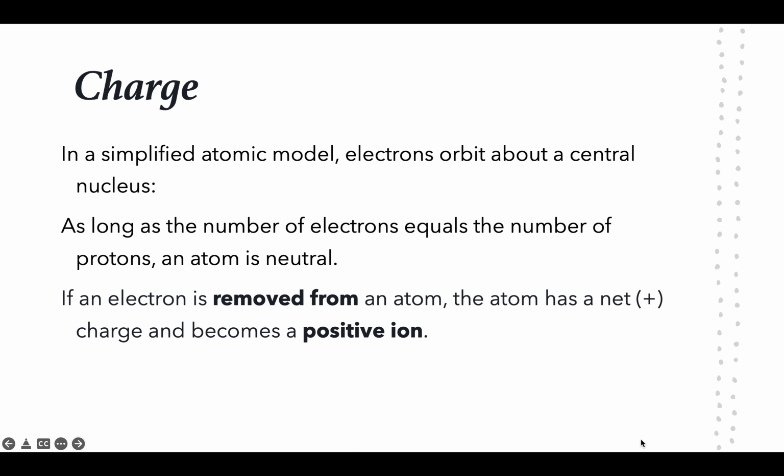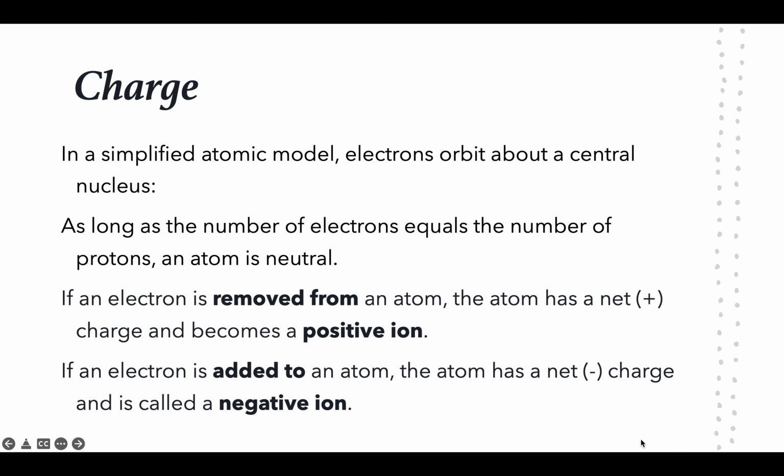But if an electron is removed from the atom, then the atom has a net positive charge and becomes a positive ion. That means that there are more protons than electrons, so the atom has a positive charge. If an electron is added to an atom, then the atom is going to have more electrons than protons, and it's going to have a negative charge.